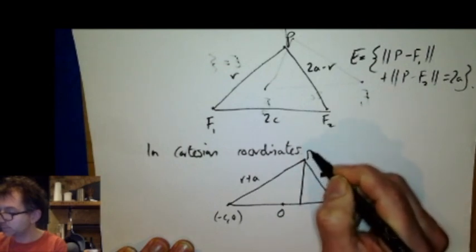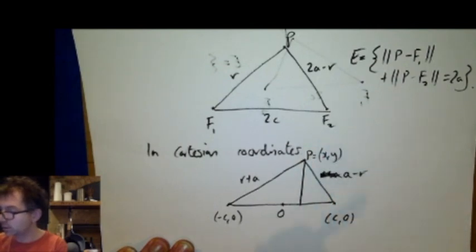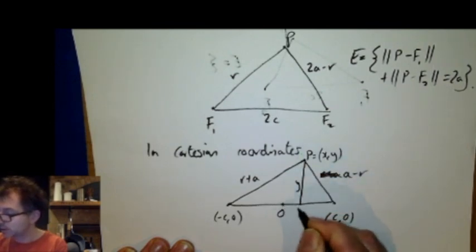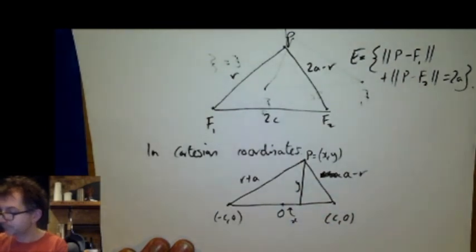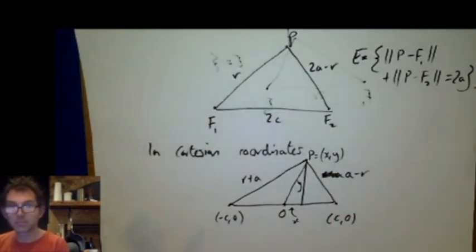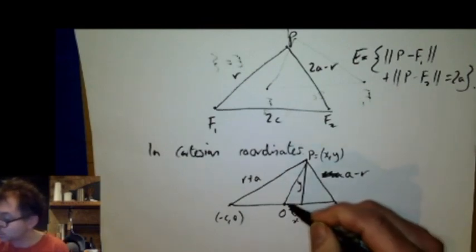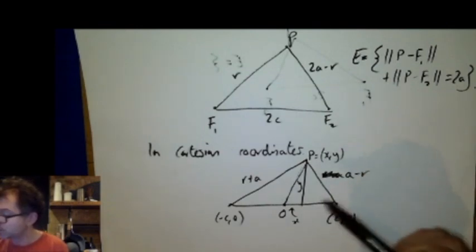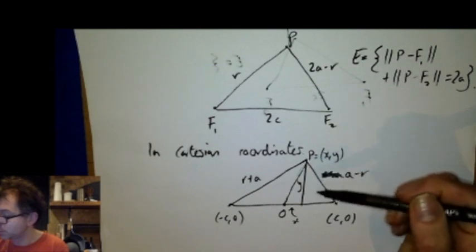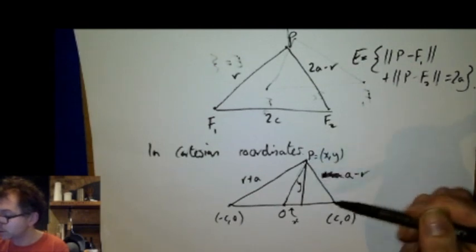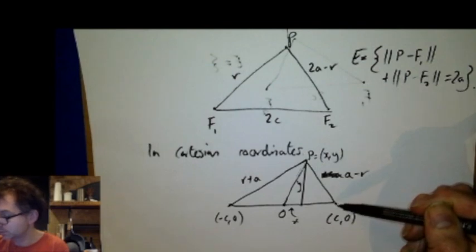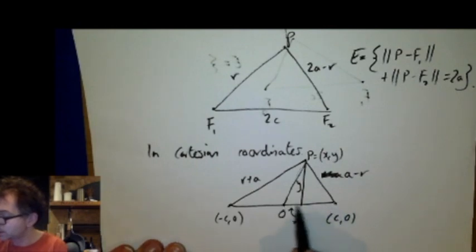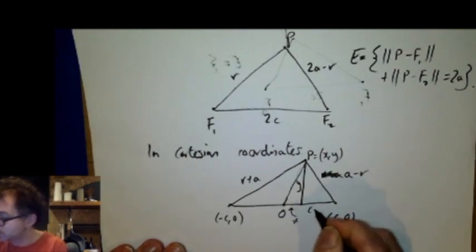If that is my point P and it has coordinates x, y, then this distance is y and this distance is x. And this distance could be, well, whatever it is, but the triangles of interest here are this one here, which has length a minus r, height y, and this distance here is going to be c minus x.